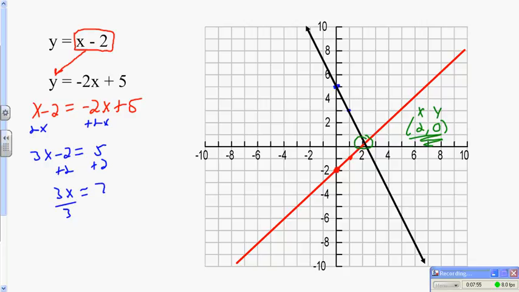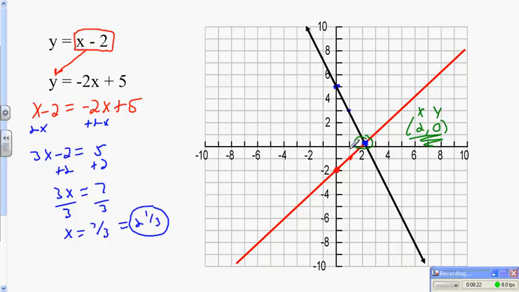Divide by 3, and x equals 7/3. If we do the decimal version of that, that is 2 1/3. Let's look at our picture. The x is 2 1/3. We approximated it to 2, but this is actually the intersection point, which looks a little bit past 2, so that could very well be the answer.